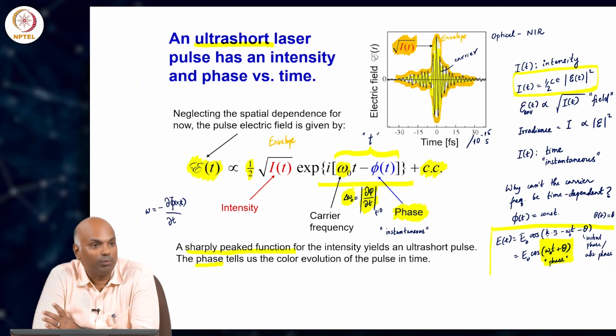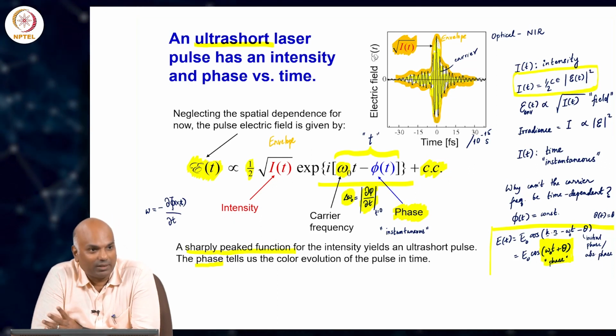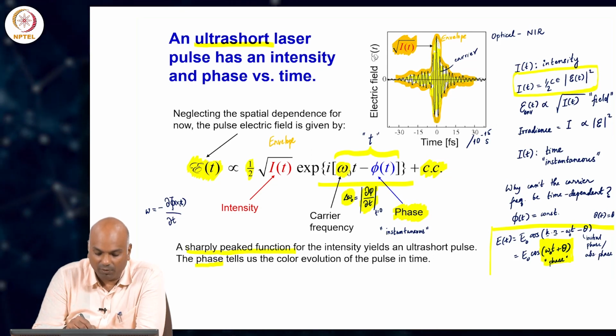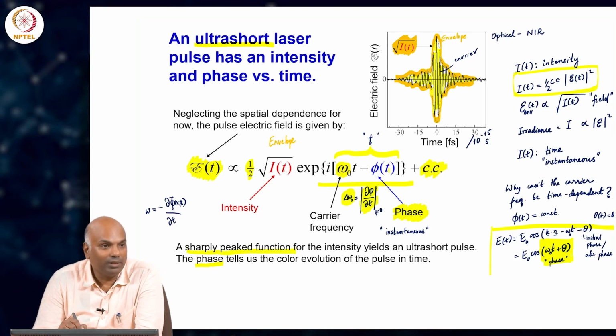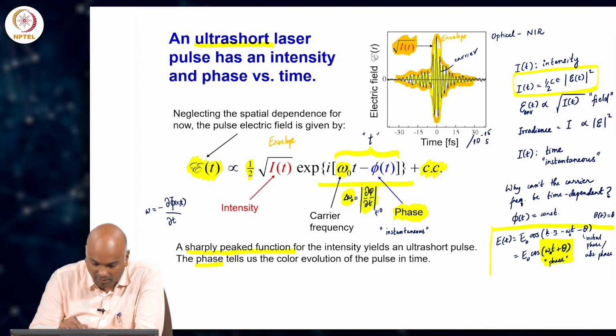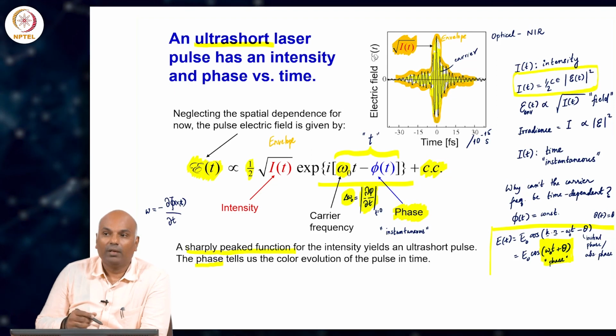So, what is delta omega naught? If there is a function that captures the deviation of the total phase going away from linear, its Taylor expansion has a first order term.